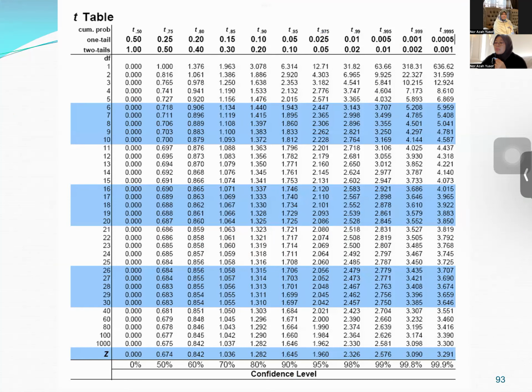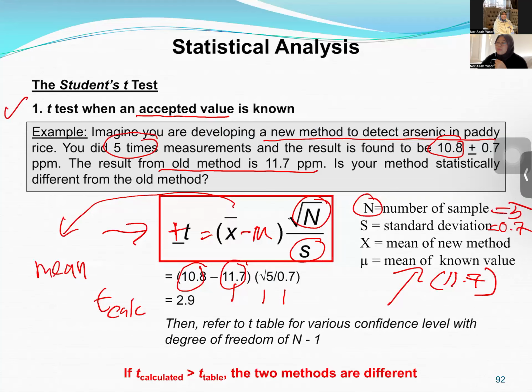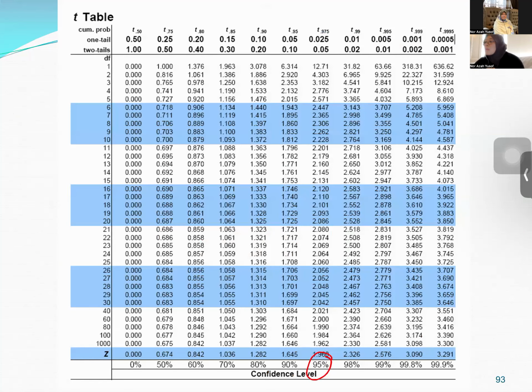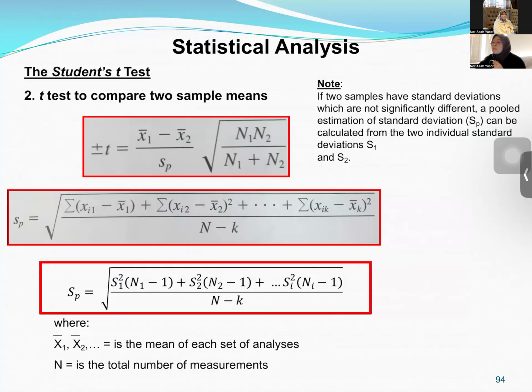If you are using 95%, let's say, the degree of freedom is 5 minus 1, so 4. So now I cannot find 4. All right, 2.776, because you are using 95% and the degree of freedom is 4.